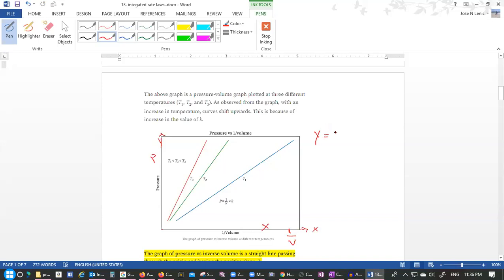Y equals mx plus b. So this is the answer to the previous question. Straight line. This is the equation for the straight line.